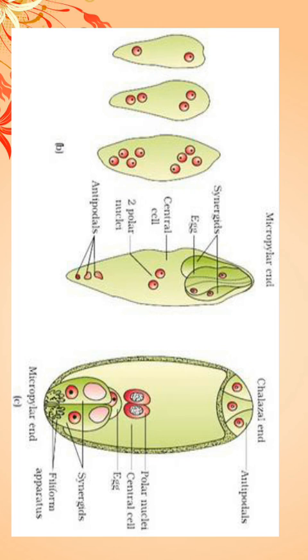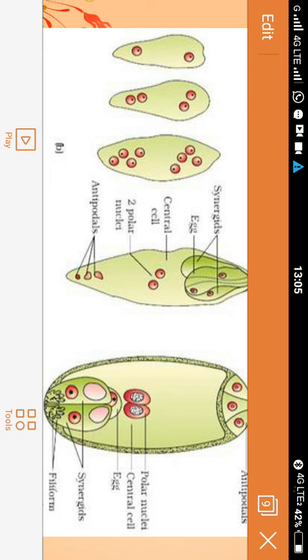Now after this, cell wall formation occurs. The 3 cells present at the micropylar end are called the egg apparatus.